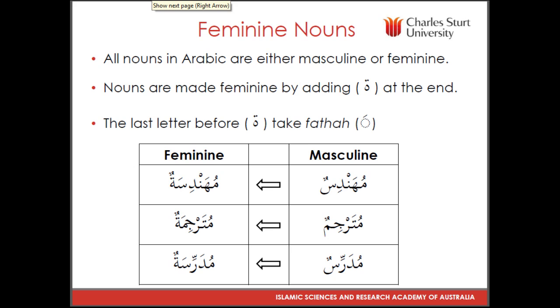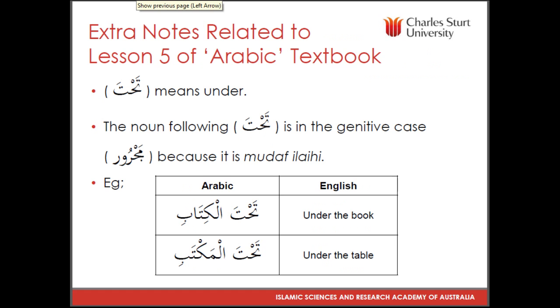Which one is mudaf ilayh? Kitab is mudaf and Muhammadin is mudaf ilayh. For kitab there is no certain rule because in the sentence it is mubtada, that's why it's marfu. But mudaf ilayh is majrur all the time. So it is with Muhammadin.